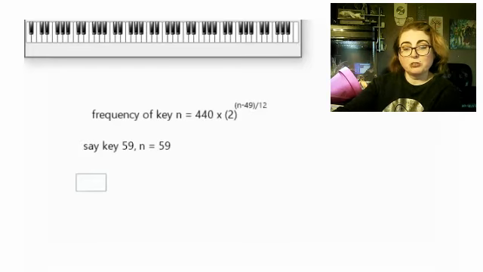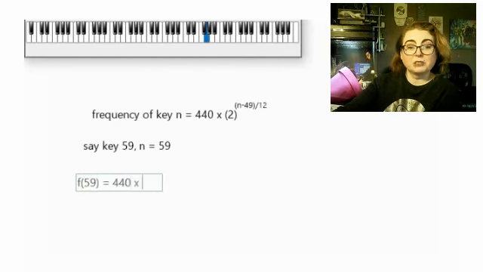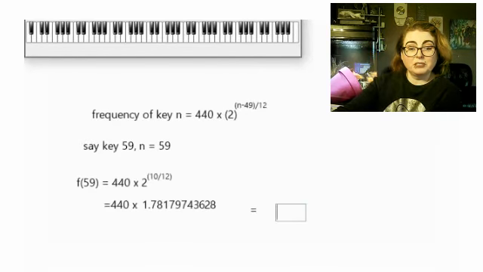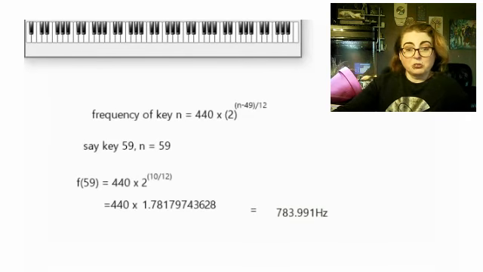So it's 440 multiplied by 2 to the power 10 over 12. That actually gives us the frequency of this key, and it works for any key on the piano if you number them all 1 to 88. So the frequency of key 59 is 440 times 1.78 blah blah blah. So that comes to about 784 Hertz.